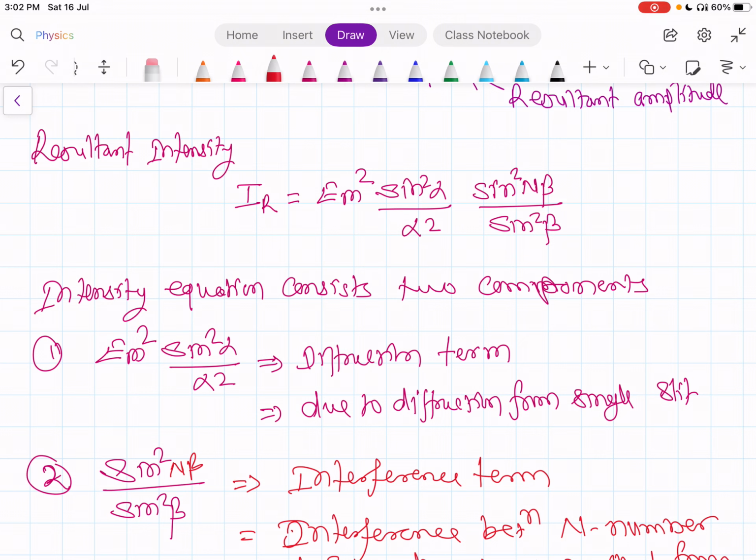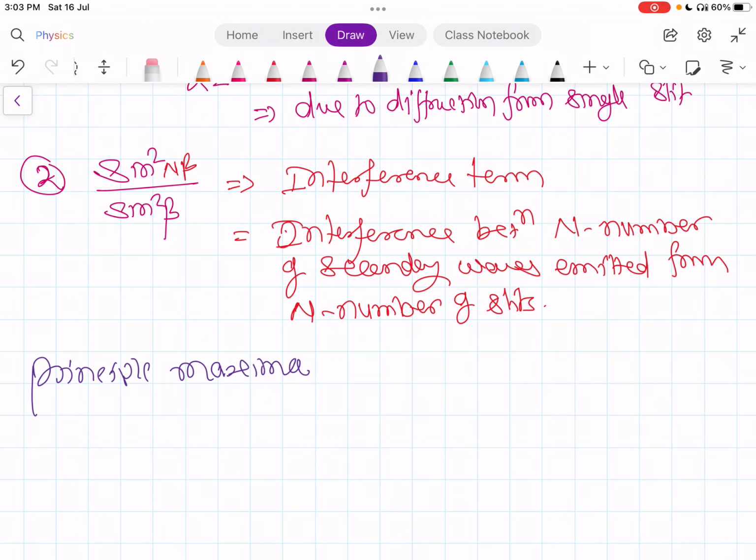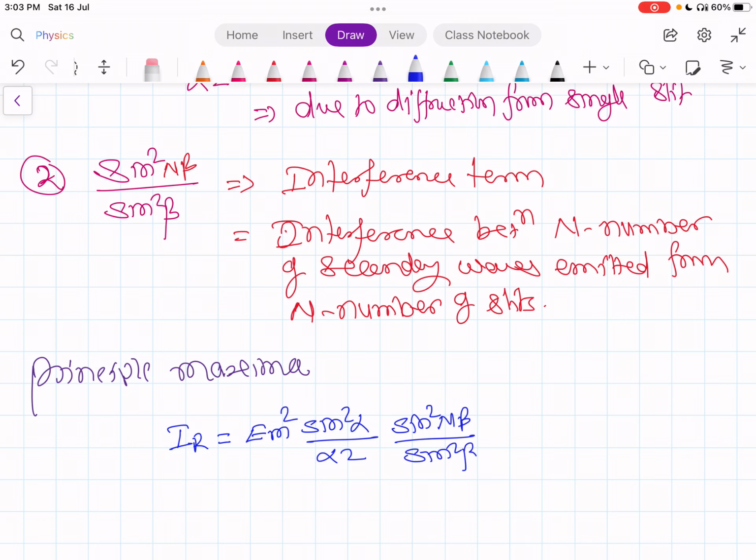Then let's find the condition for principal maxima. For principal maxima, we know the resultant intensity IR is Em square sin square alpha upon alpha square into sin square n beta upon sin square beta.